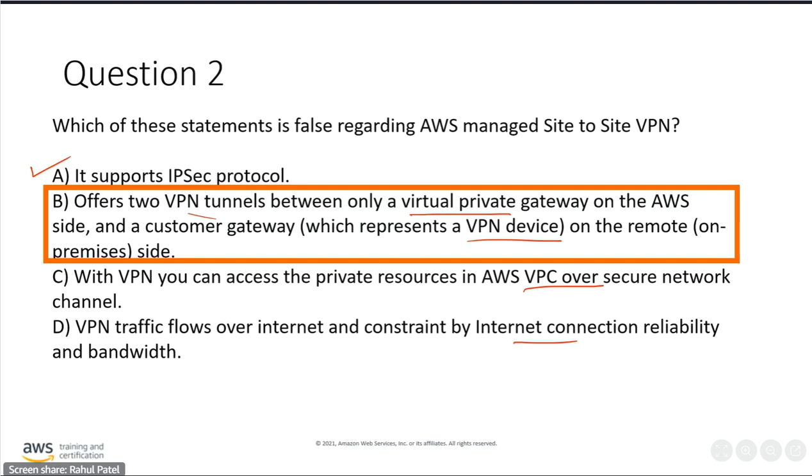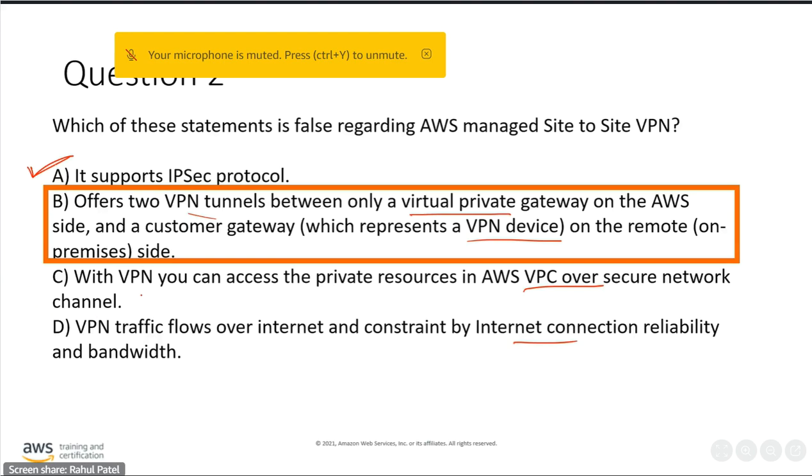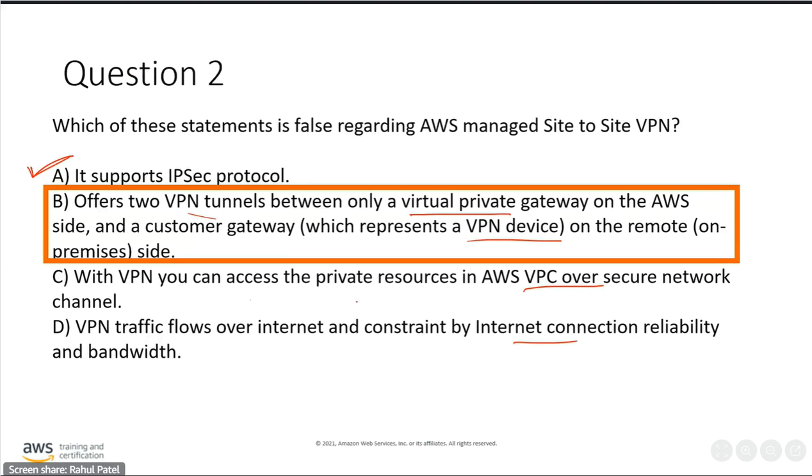Okay, let's see other options. Site-to-site VPN supports IPsec tunnel, so this is true. With VPN, you can access the private resources in AWS VPC over a secure network channel.